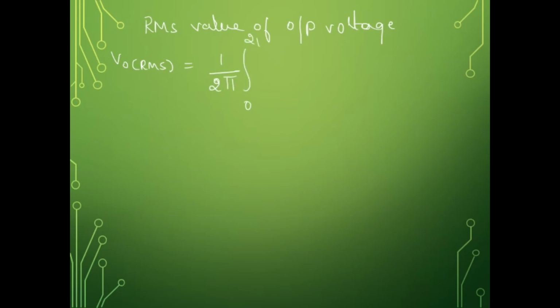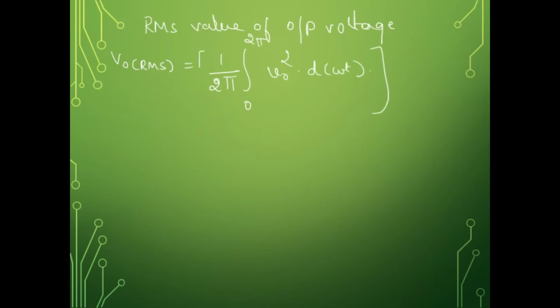This RMS value of output voltage is variable. We'll write it as V0 RMS. For one full cycle it is the square root of 1 by 2 pi integral 0 to 2 pi V0 square, the instantaneous value, d omega t.